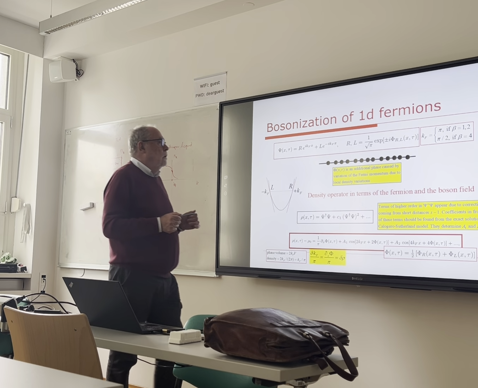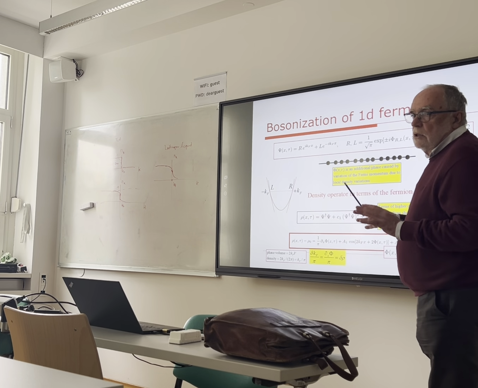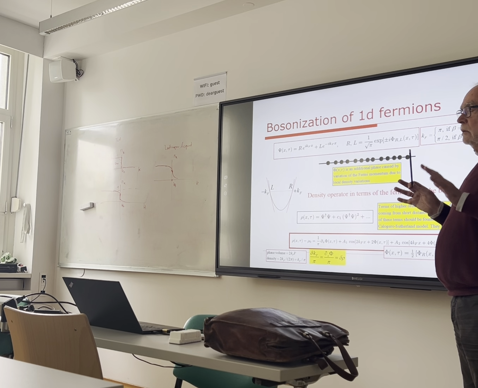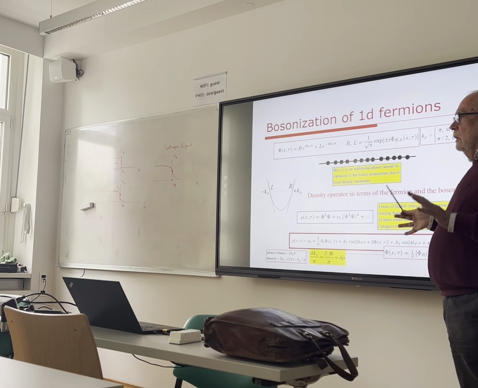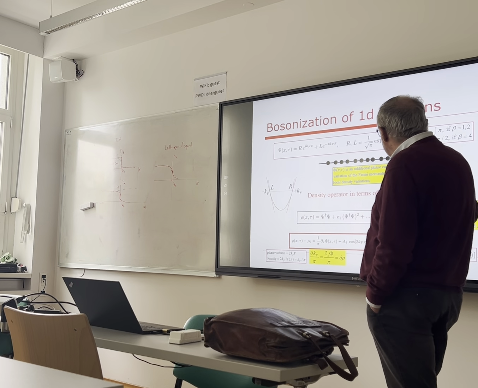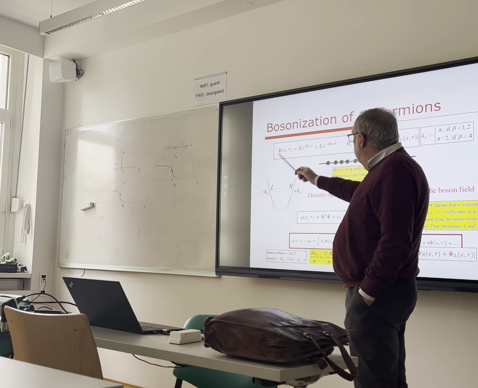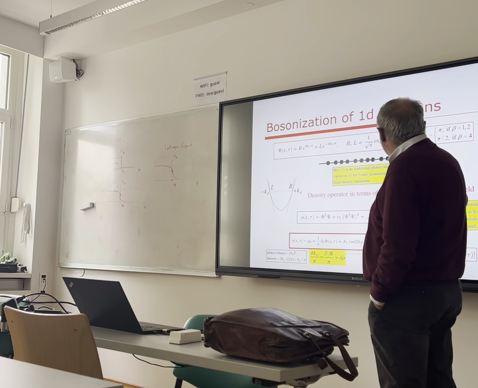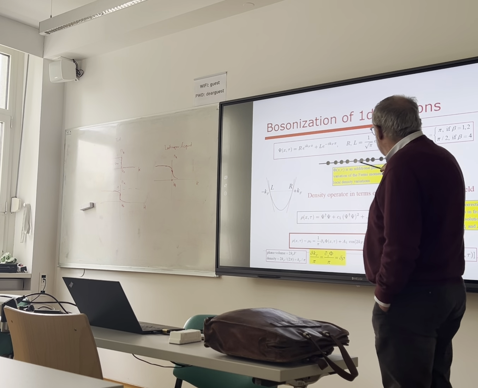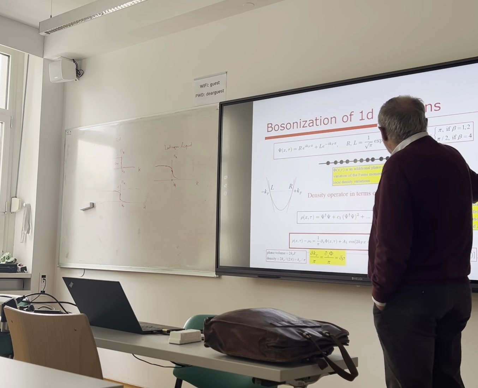Even though this bosonization procedure is much more general, so we may take another one-dimensional interacting fermions and do the same thing. So this is how to represent a fermionic field in terms of boson. And basically it is the following, as I said.